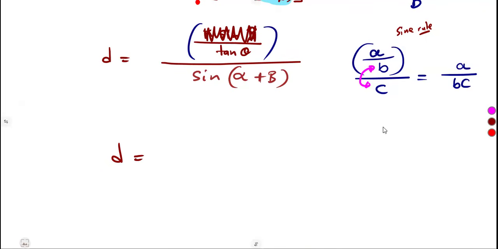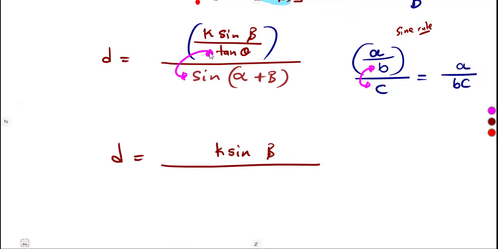The numerator here is K sine of beta, over the denominators BC, the tan of theta and the sine.